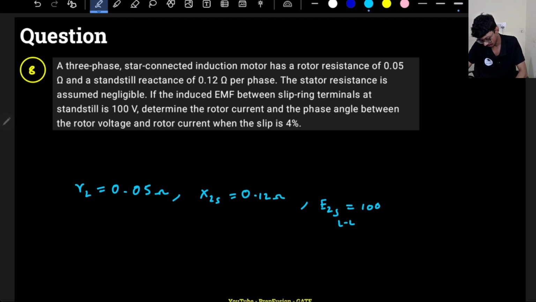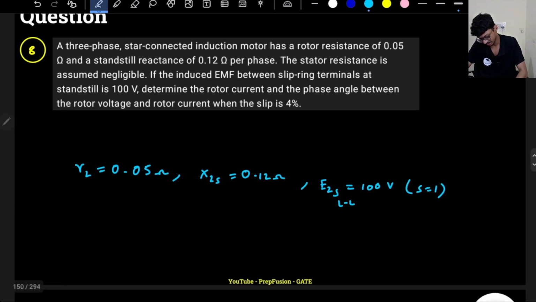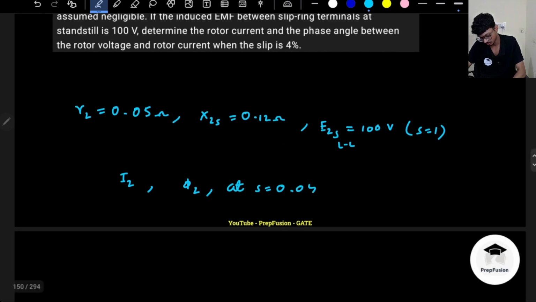I don't know how the slip rings are connected, maybe it is star connected. 100 volts line to line when S is equal to 1 because it is standstill. Determine the rotor current and the phase angle between the rotor voltage and the rotor current at a slip of 4%, that is S equal to 0.04.